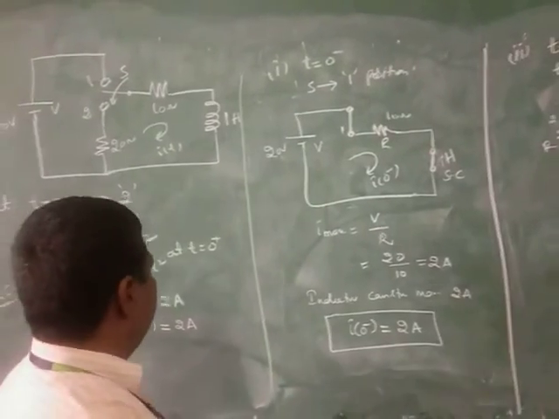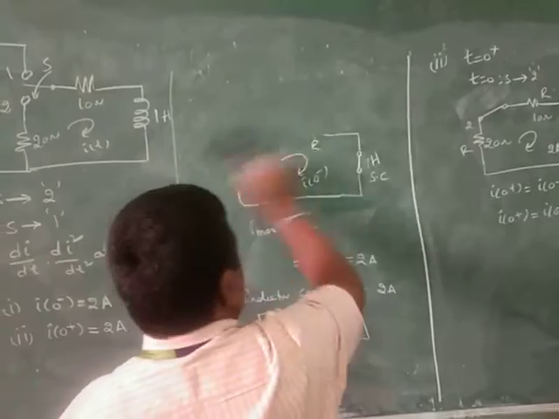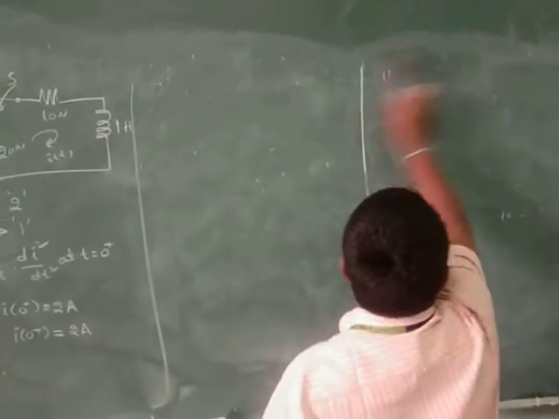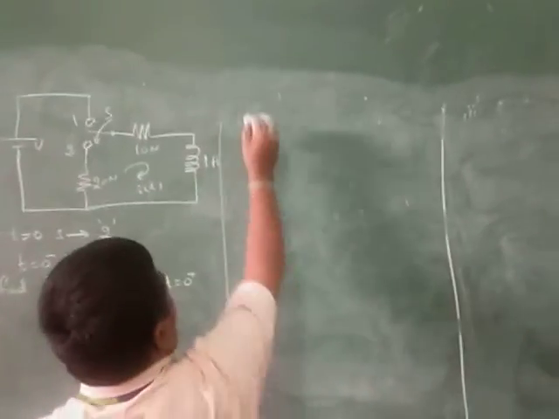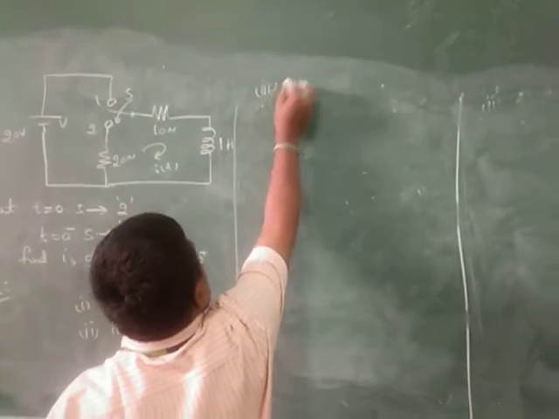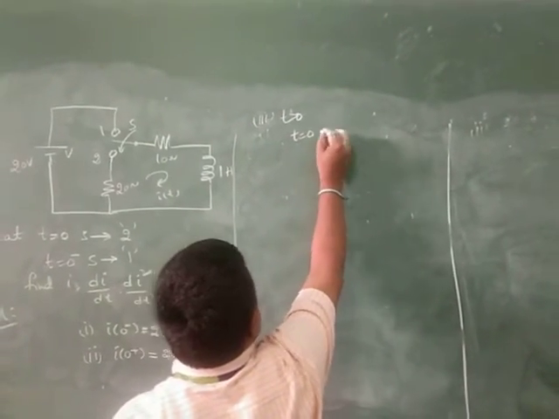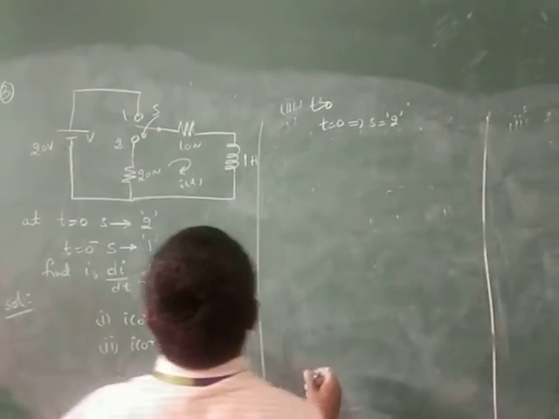Now coming to the third one, t greater than 0. In the third case, for t greater than 0, S is connected to position 2.